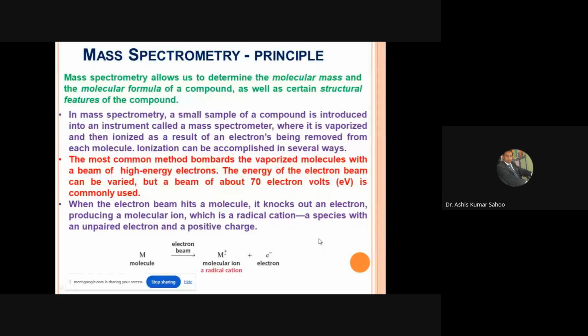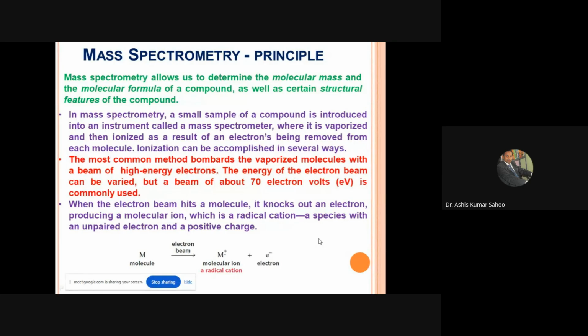When the electron beam hits a molecule, it knocks out an electron, producing a molecular ion, which is a radical cation, a species with an unpaired electron and a positive charge.